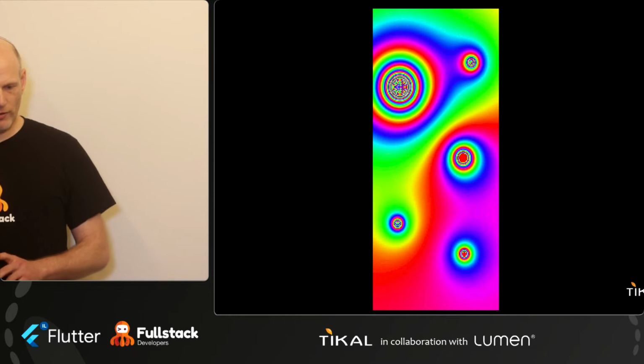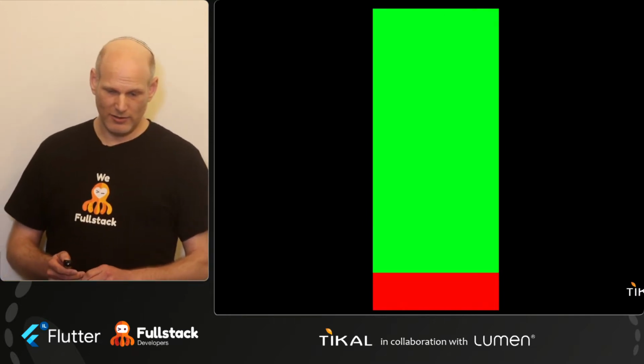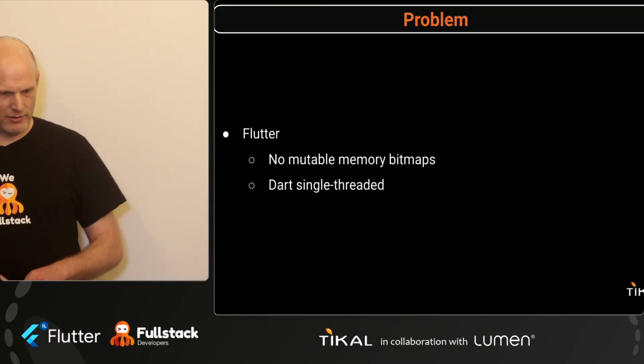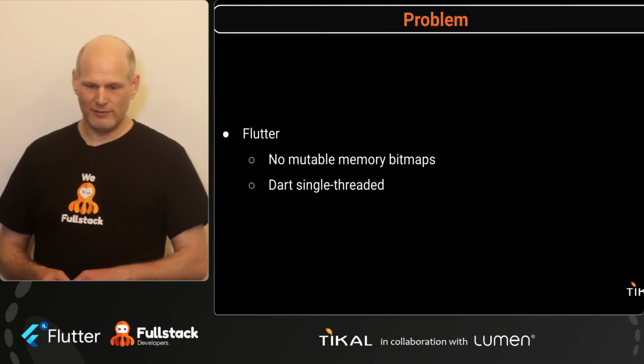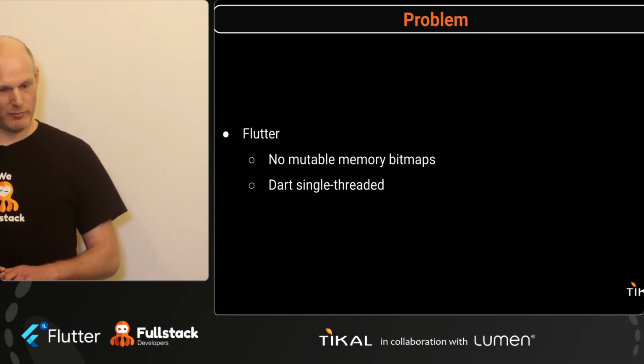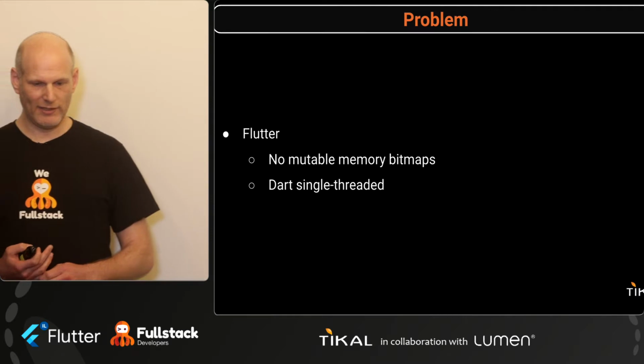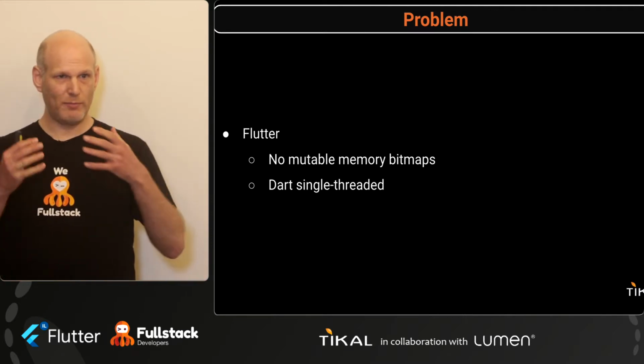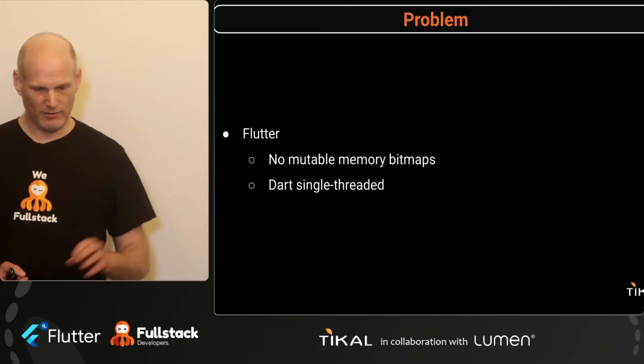A few years ago, I ported it to Android using async task. Shortly afterwards, I migrated it to use RX. A while ago, I ported the app to Flutter, and I experienced some challenges. For example, Flutter doesn't really support mutable bitmaps, which I needed to keep the state of what I've already painted.